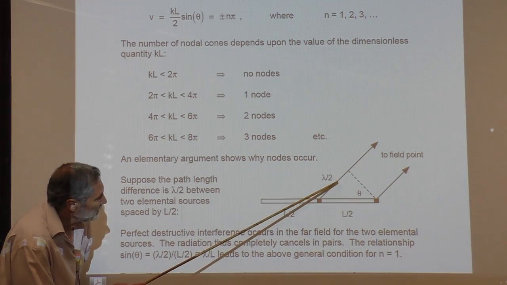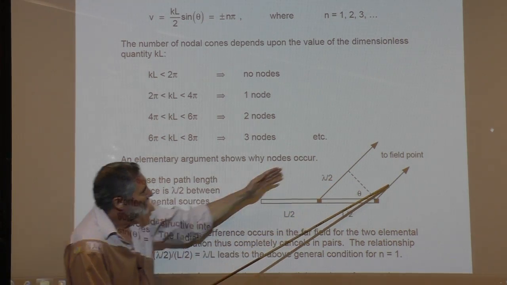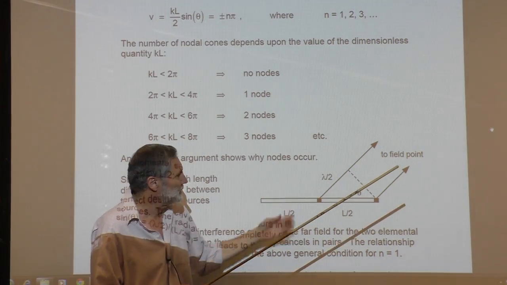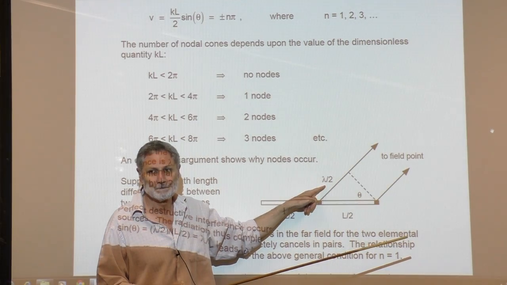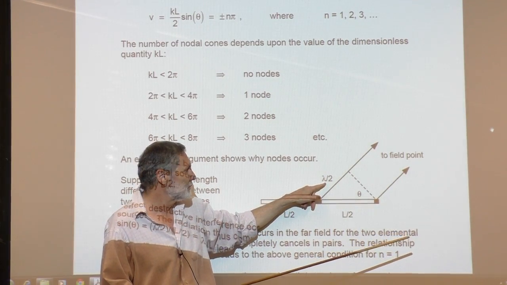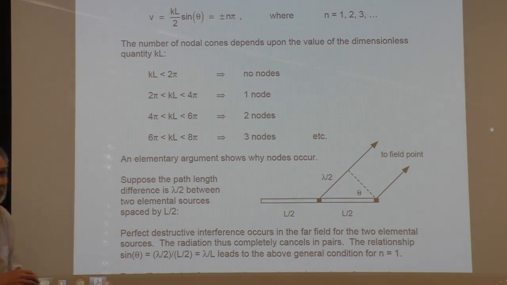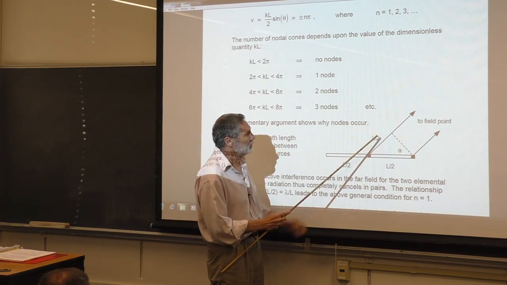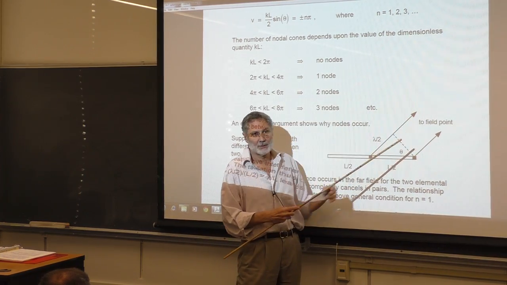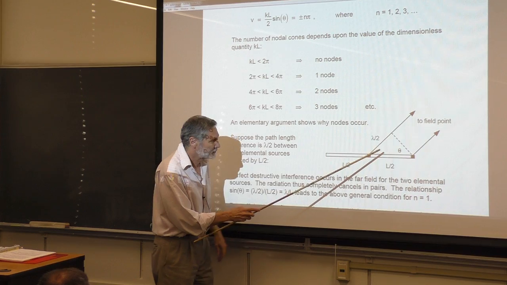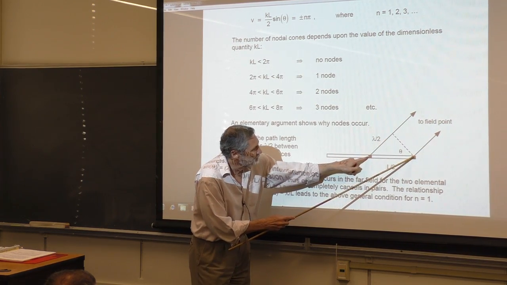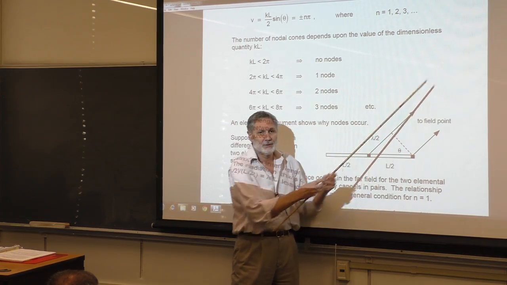If there's a half wavelength path difference here, the superposition of these two waves is going to give you 0 because they're 180 degrees apart, right? And it also could be 3 halves of a wavelength. If it's just one wavelength, it's going to correspond to a maximum, approximately. So when I have this situation, these two elemental sources are going to give me 0 sound field.